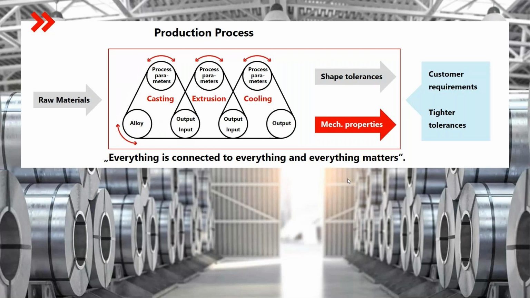Raw material is coming into any kind of production, casting, extrusion, cooling, and all these processes which you apply to your materials, to your products, need to be tested. You are determining mechanical properties as quality assurance, and then you decide whether the product is fine or not, and then you can release your product.